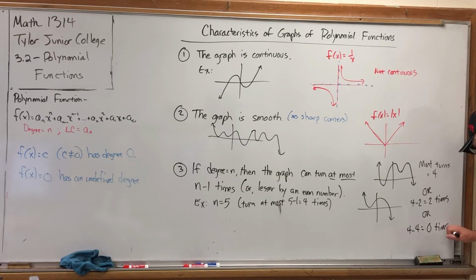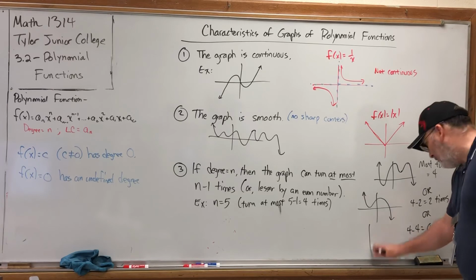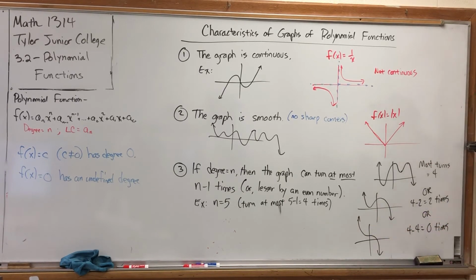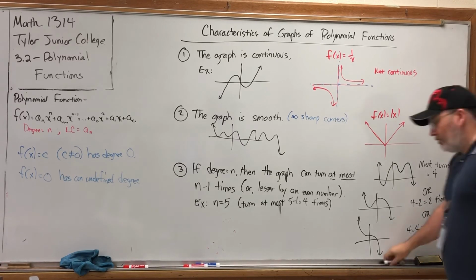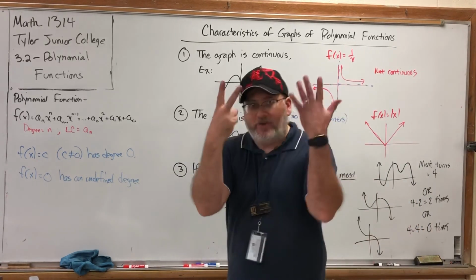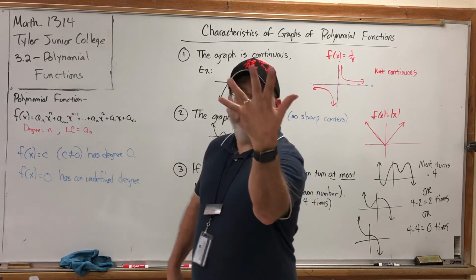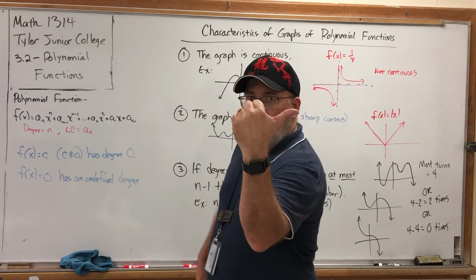Now, how can a function like this possibly turn 0 times? Well, it can still be curvy, but never change direction. So the degree predicts a maximum number of turns by subtracting 1 from it. So a 5th degree could turn 4 times, an 8th degree polynomial could turn 8 minus 1 is 7, or lower it by an even number.